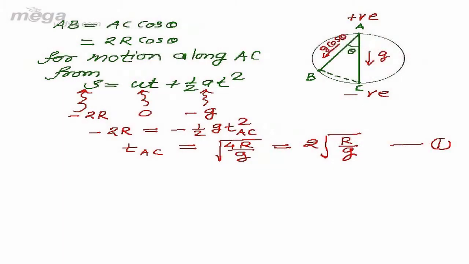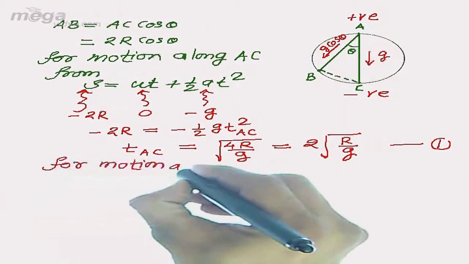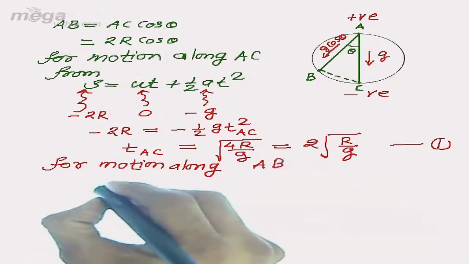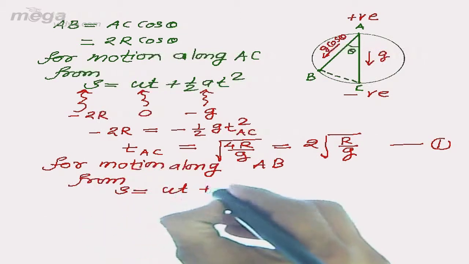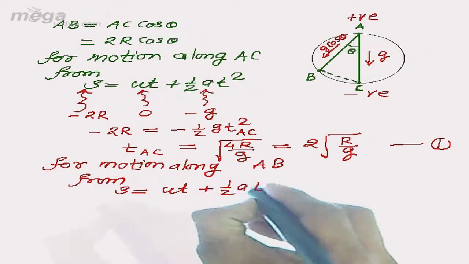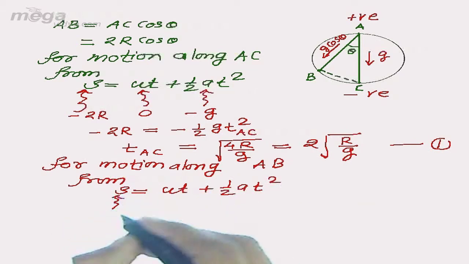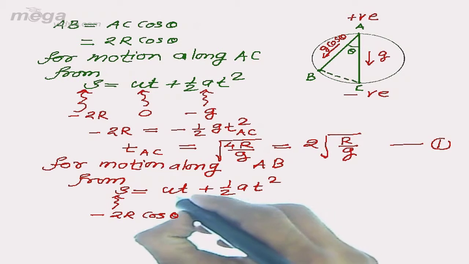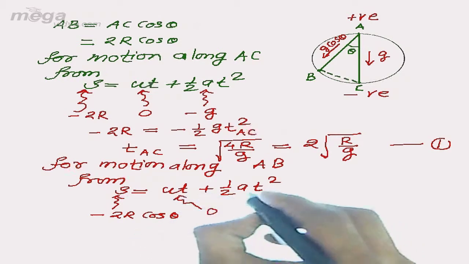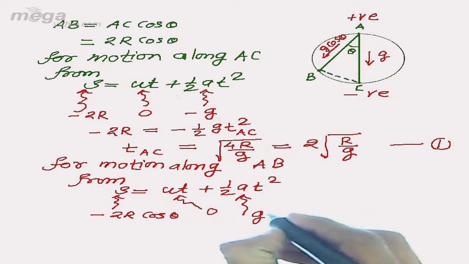And if we talk about the motion along AB, then from S equal to ut plus half at square, again S here becomes minus 2r cos theta. u is 0, a is g cos theta here.